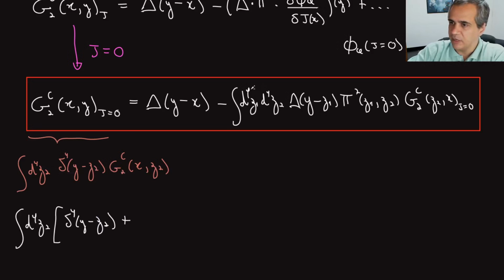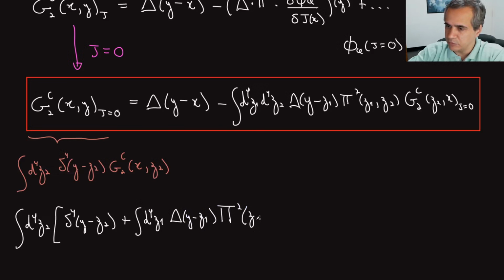What I still have on this side is another integral, d4z1. This sign has changed because I brought it to the other side. There's a delta y minus z1, Pi 2 of z1 z2, and this is all multiplying this function, which I'll write G2c z2 x.